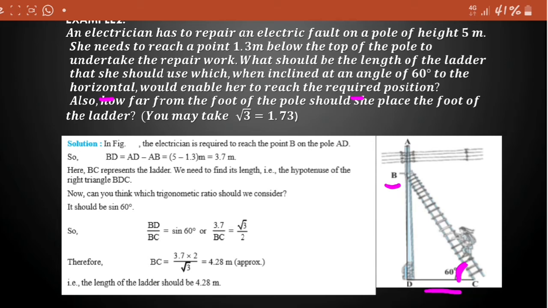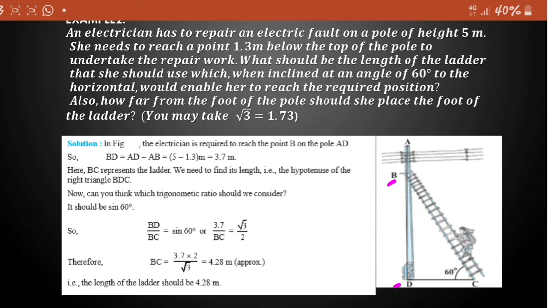In the figure, the electrician is required to reach the point B on the pole AD. So the distance BD will be 5 minus 1.3 meter. Why 5 minus 1.3 meter? If you look at the figure, the length of this BD is equal to AD minus AB.